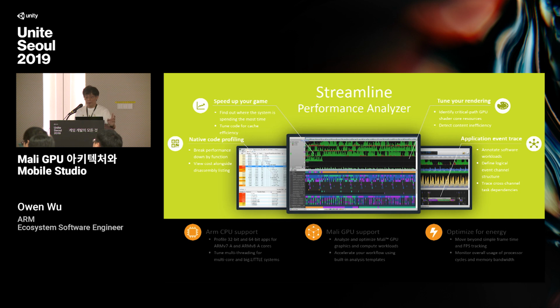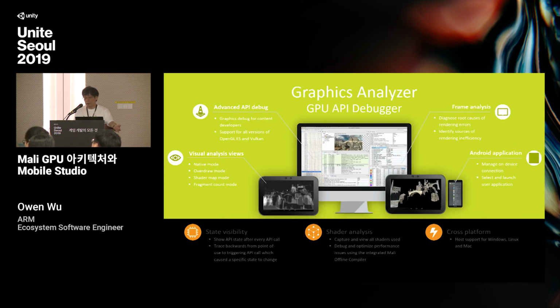Okay, for Streamline, I'll just do a quick introduction of all the tools. Streamline is a tool for performance profiling, helping developers find the bottleneck of the performance. And the Graphics Analyzer is a GPU API debugger. It captures all the data in rendering a frame, and the developer can check the API calls one by one to debug a frame.